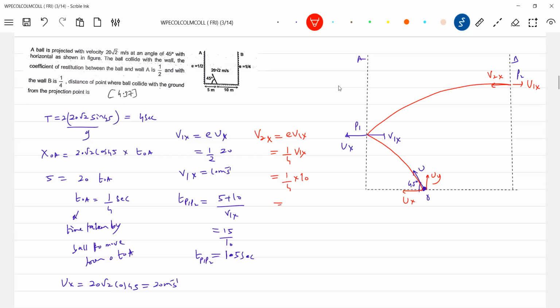V1x is 10, no? So v2x will be 5 by 2, 2.5. So what is the remaining time left over? 2.75 or 2.25 is left over, am I right? So the remaining distance it will cover, I'll write some x or some s.